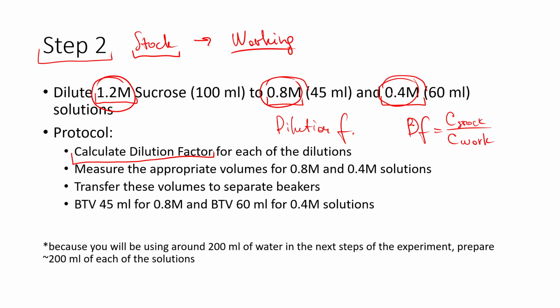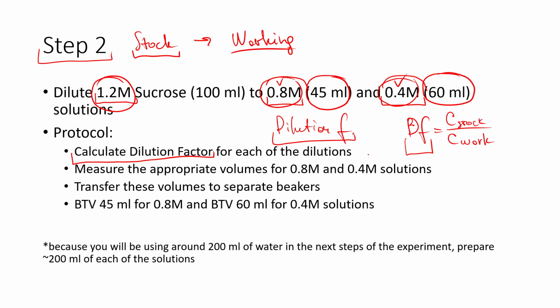So for both of them you will need to calculate the dilution factor. After you have identified the dilution factor, you will need to identify the volume that you need to take to obtain these volumes. So these are final volumes for our concentrations.